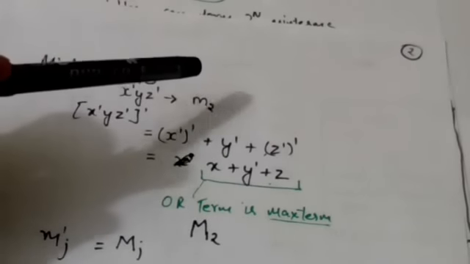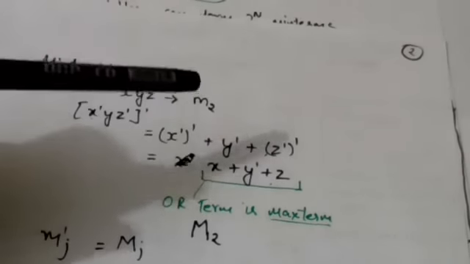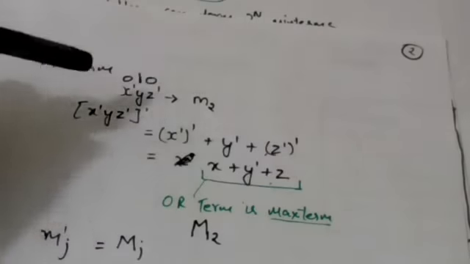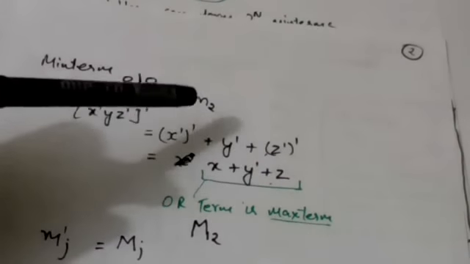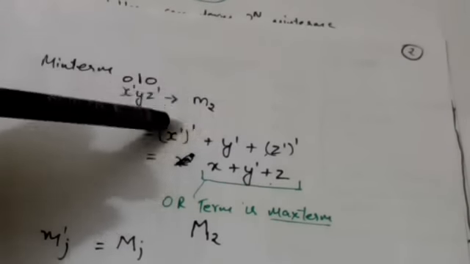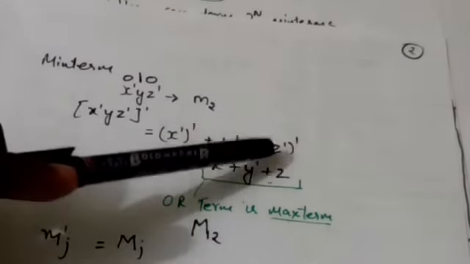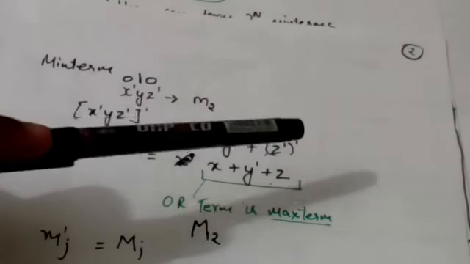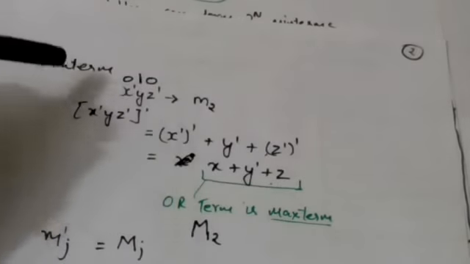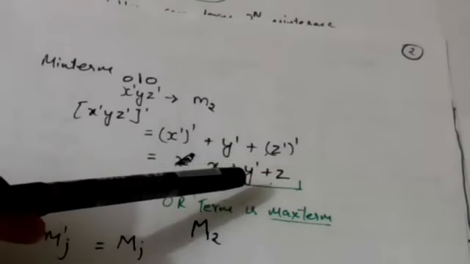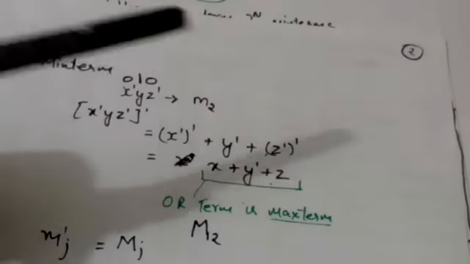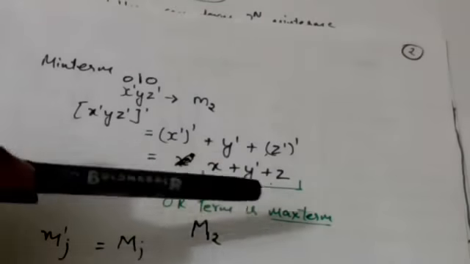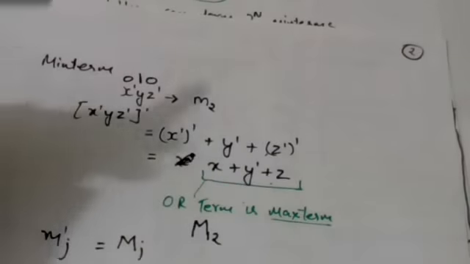Here plus denotes the OR logical operation. So the complement of x naught equals x and the complement of z naught equals z. So this term has become x plus y naught plus z. So this AND term has been converted into an OR term. This OR term is called a maxterm.